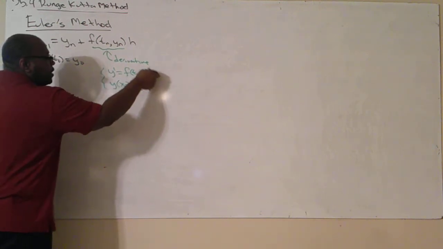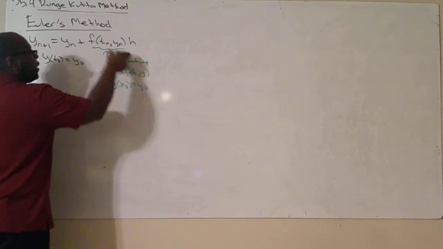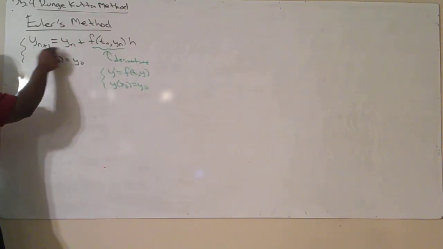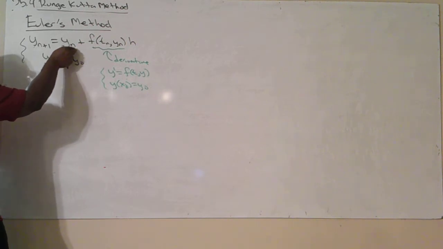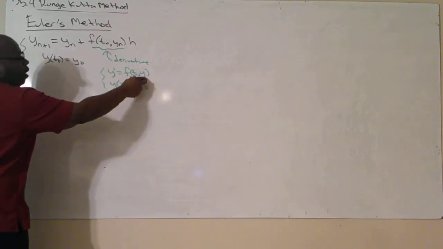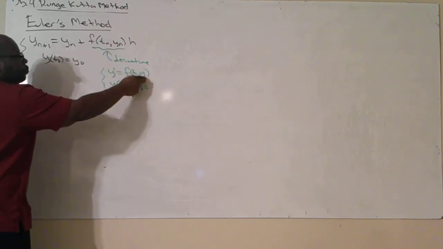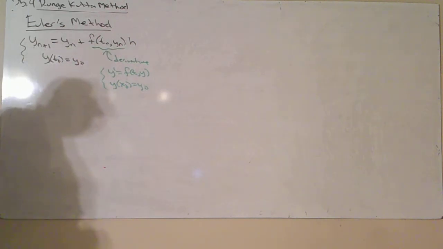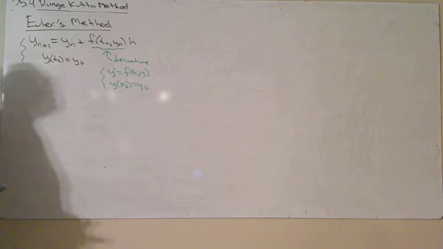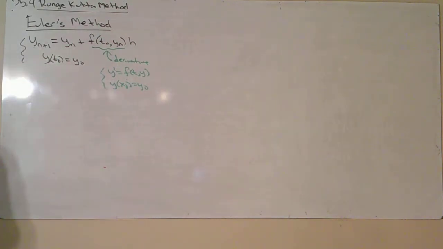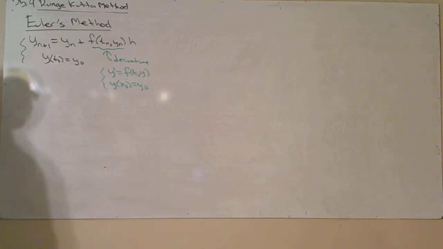And so we're using this derivative, this part right here, to help us approximate the next iteration in our solution, right? So maybe we know this value, y sub n, and we want to get to y sub n plus 1. So we're using this derivative from our original differential equation to help us get to the next point. Essentially we're using the derivative to help us approximate the next value, which makes perfect sense, right? When we're dealing with a differential equation, we want to use the derivative to get to the next value of our solution.